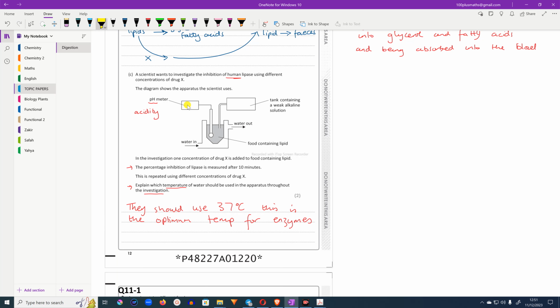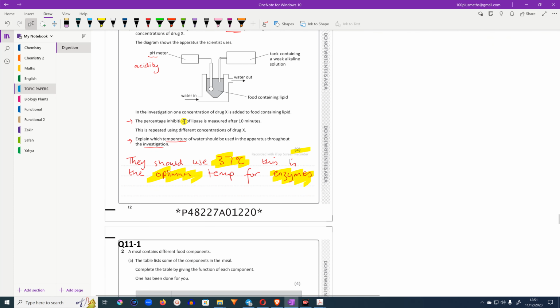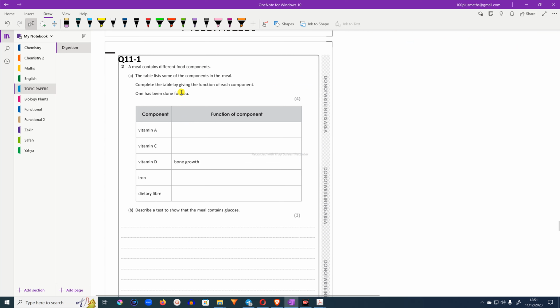So there's two things here, right? We've done 37 degrees and we've used the word optimum for the enzymes. And that's where you're going to get your 2 marks from. So remember the optimum temperature or the optimum pH or the optimum whatever it is, yeah? Okay, right, let's move on.